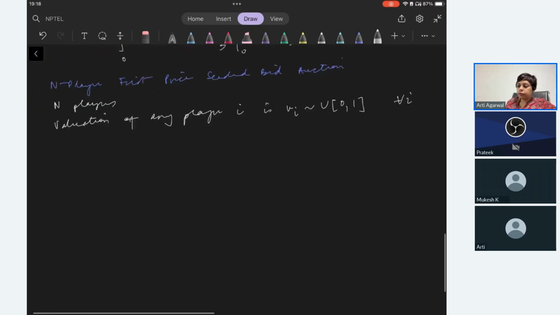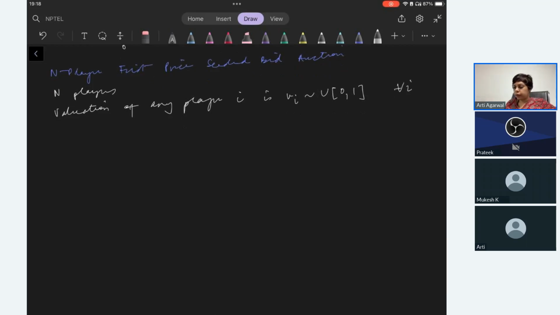Okay, and now we need to just basically solve for the equilibrium, and we have to prove something, right? We'll see what we have to prove. Once we solve it, I think we will anyways come to the proof.